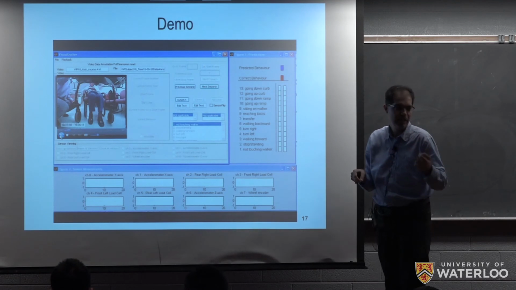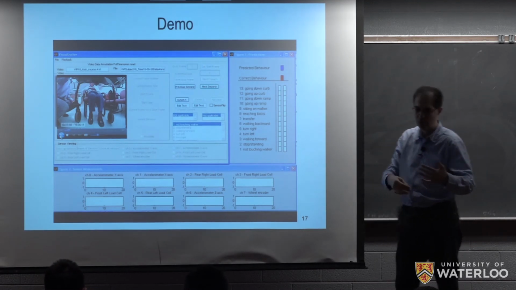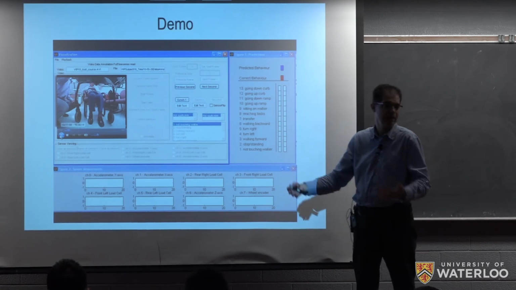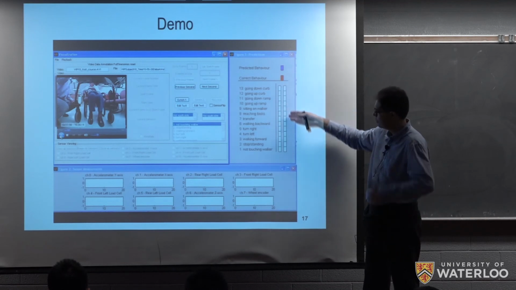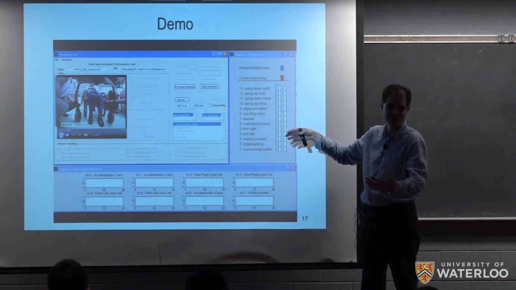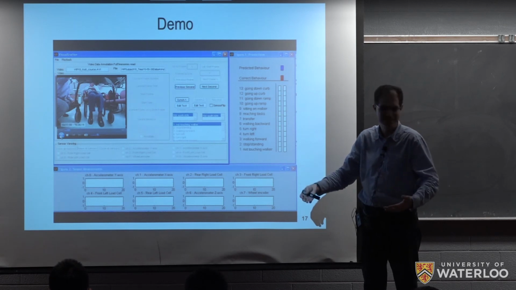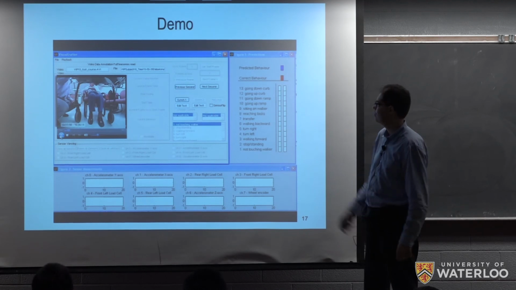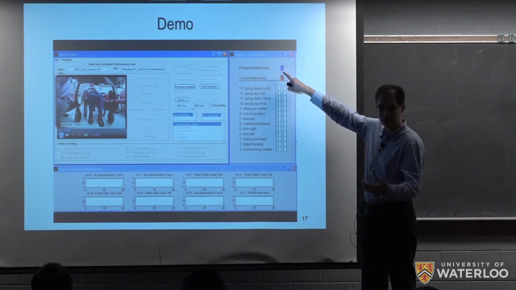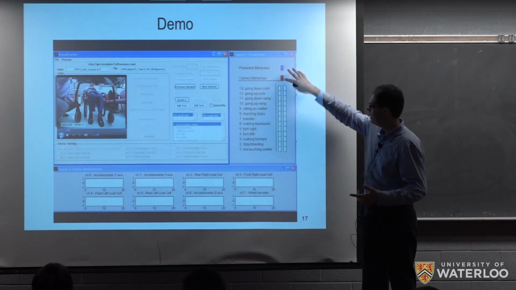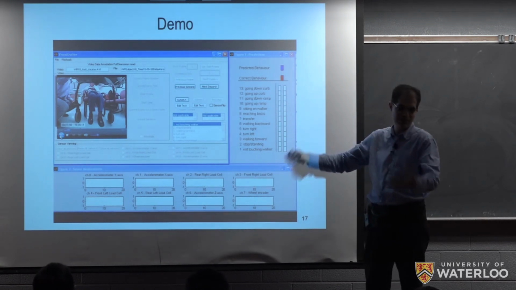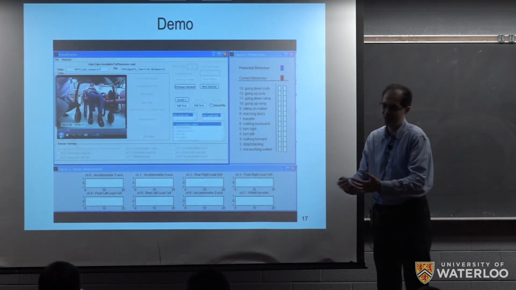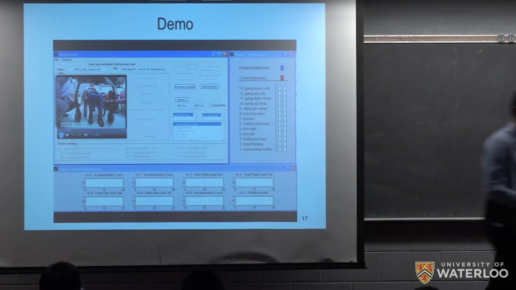This is the behavior based on one of the researchers who went through the video sequence and essentially labeled manually what the person was doing at any point in time. This was just for evaluation purposes. Obviously, in practice, what we want to do is not label these things manually, but use our algorithm to automatically recognize what the person is doing. The predicted behavior based on our algorithm will be in blue. Whenever blue and red match, it means that it's recognizing correctly. And when they don't match, there's a discrepancy.